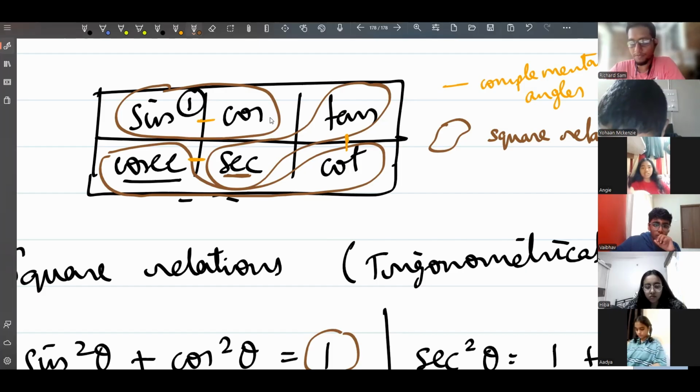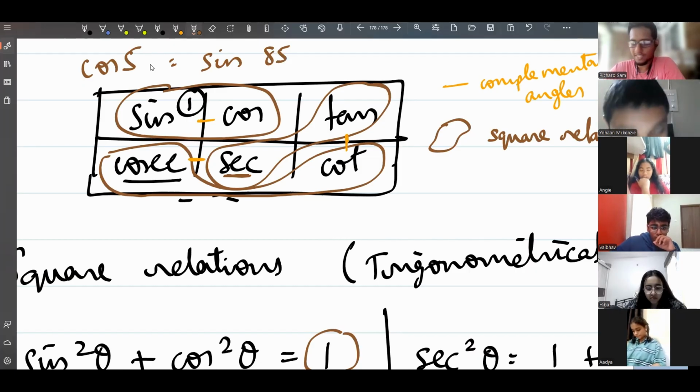So suppose you have cos 5. How can you write cos 5 in terms of sine? Cos 5 can be written as sine of 90 minus 5, which is sine 85, right? So like that, you can convert cos into sine.